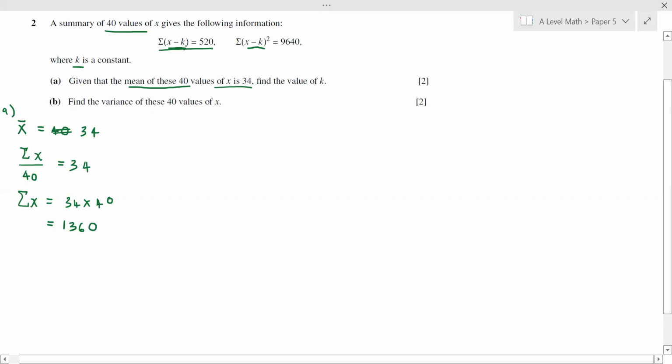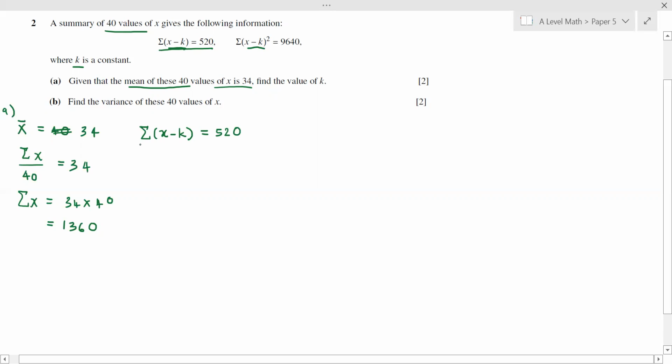The sum of x minus k is 520. k is a constant. Let's look at the sum of x minus k. The sum of x minus k is 520 over all these 40 values of x.